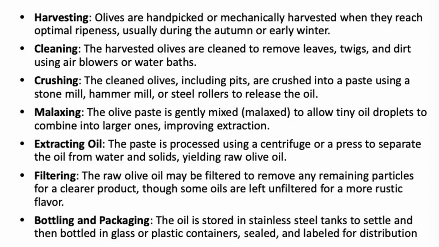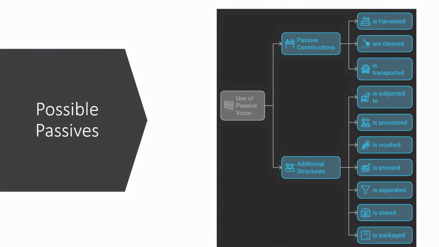But let's have a look at the kind of words that were in that diagram. So there are words like harvesting, cleaning, crushing, malaxing, extracting oil, filtering, bottling, and packaging. These words are not so complex sounding, but they're obviously a lot different from making a cup of tea. So what kind of passives could we use when we're describing not a cup of tea, but making olive oil?